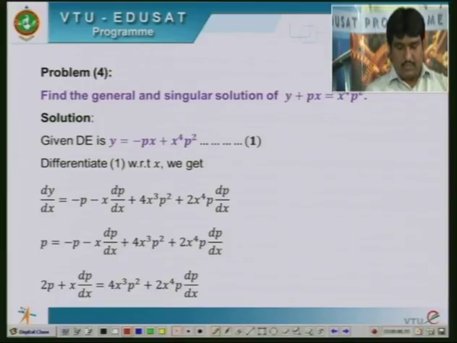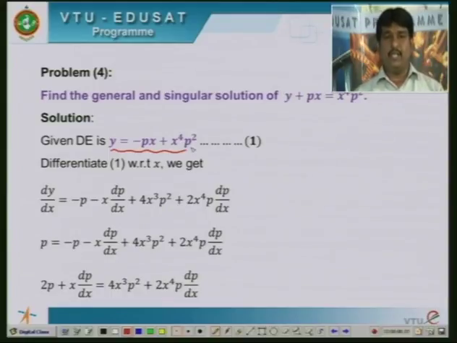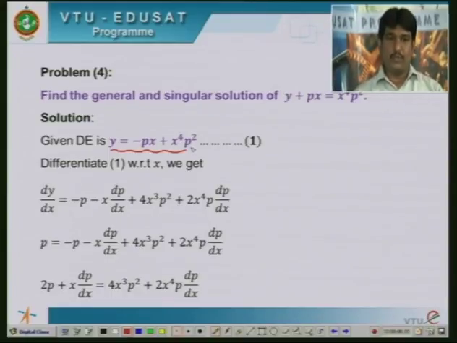In this case, y equals minus px plus x to the power of 4 into p square.